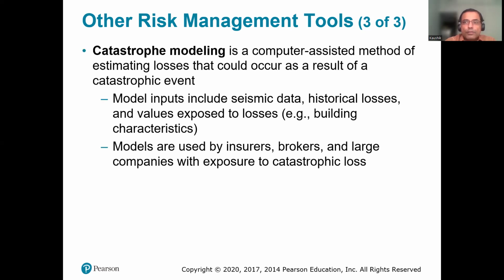So the loss of 5 is distributed among 100 because everybody is paying into it. So that is a normal scenario. A catastrophic scenario would be 80 or 90 among the 100 facing losses. So that requires a different technique for analysis as well as forecasting. That can be done through catastrophe modeling.